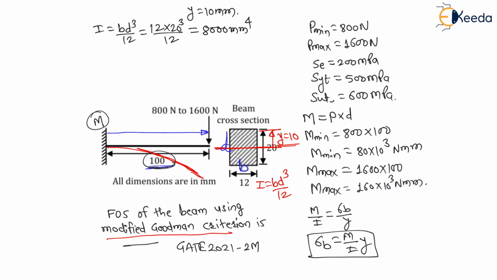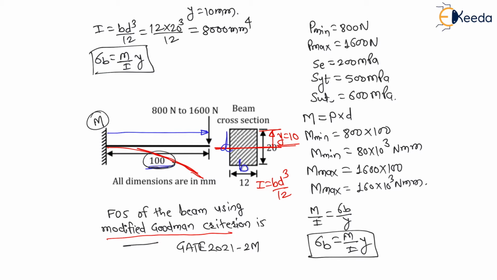Therefore sigma b is M by I into y. Here I and y values are constant. As M is varying from minimum to maximum, the bending stress is also varying from minimum to maximum.